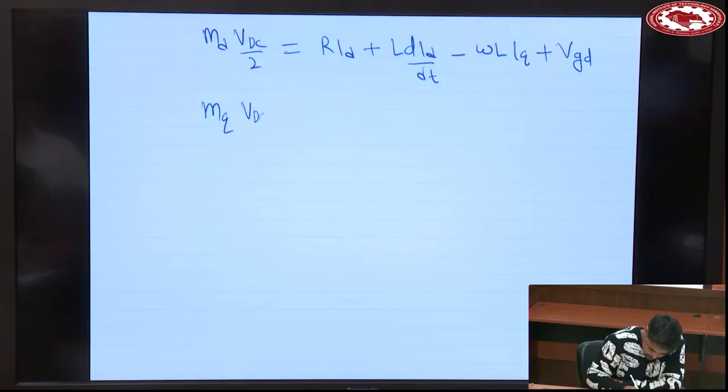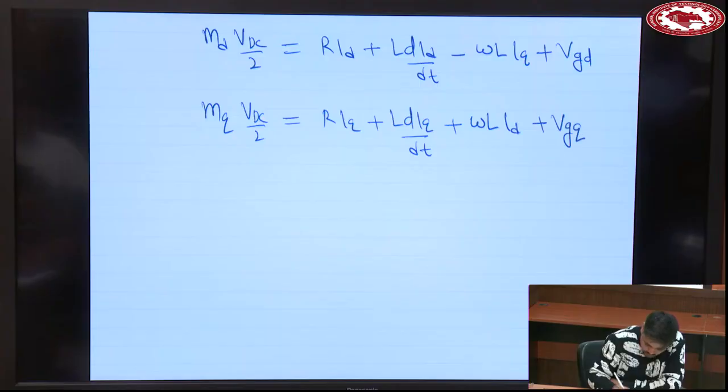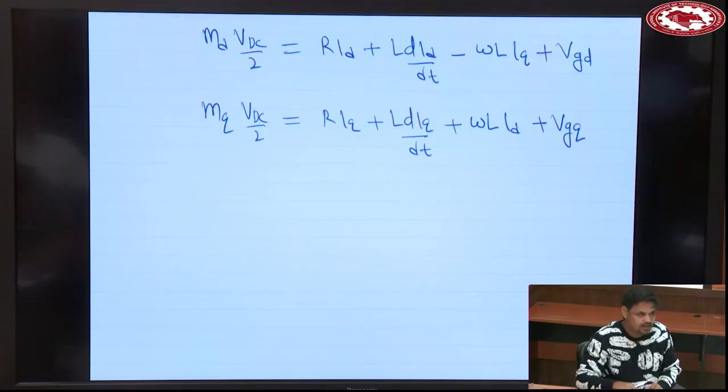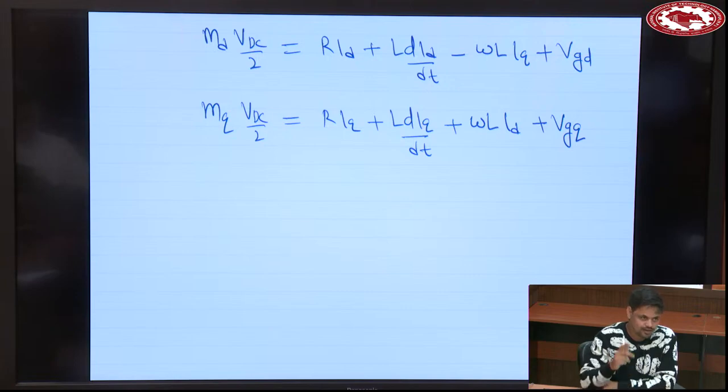MQ VDC by 2 is RIQ plus L DIQ by dt plus omega L ID plus VGQ. These equations are not independent. If you see, in the D component Q component is coming, and in Q, ID is there. So this coupling is there, cross coupling is happening.